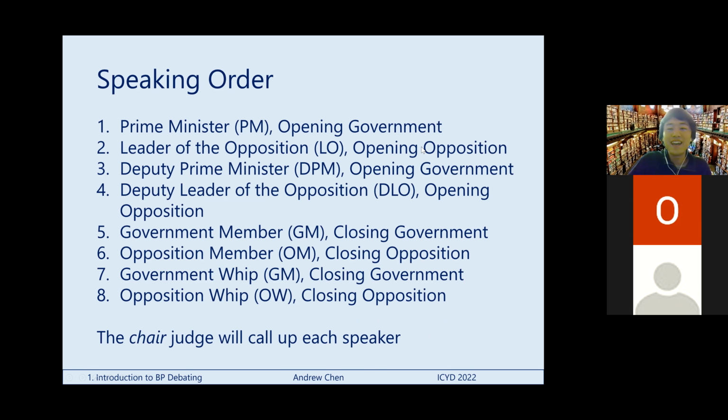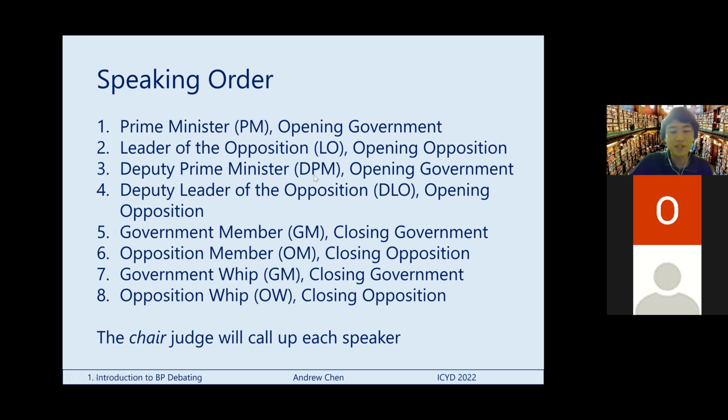Speaking order, and again, no pressure to write this down. We've got a really nice picture on the next page for you. It's a lot to take in at first, but all of the speakers within BP have their special names. The two speakers on opening government are the Prime Minister and the Deputy Prime Minister. The two speakers on opening opposition are called the Leader of the Opposition and the Deputy Leader of the Opposition.